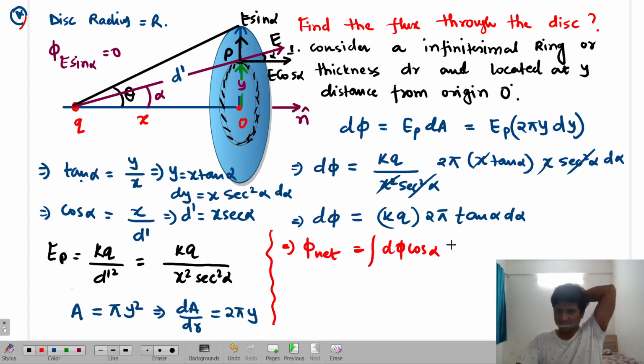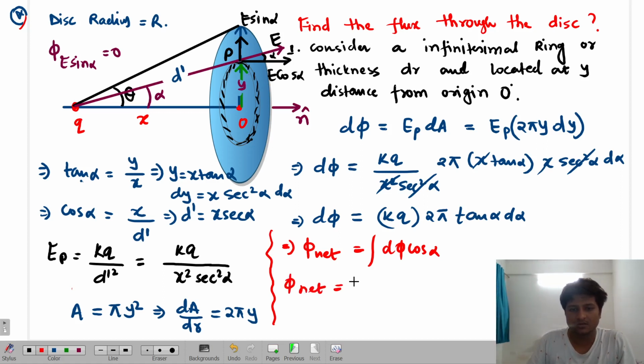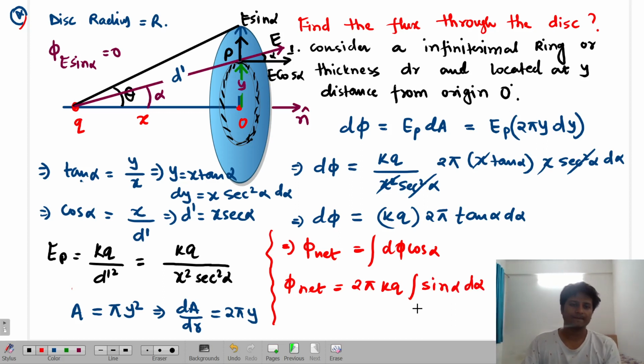So just do the integration. If tan alpha is multiplied by cos alpha, only sin alpha remains. So phi net is 2 pi into kq integral sin alpha d alpha. Is that okay? And alpha varies from where to where? Alpha varies from 0 degrees till theta degrees, isn't it? So 0 to theta. Are you able to get me or not?